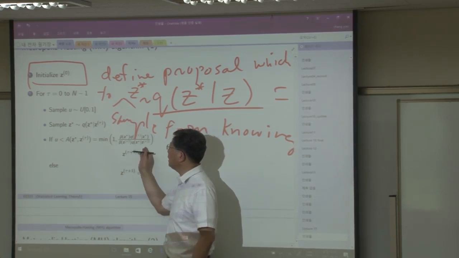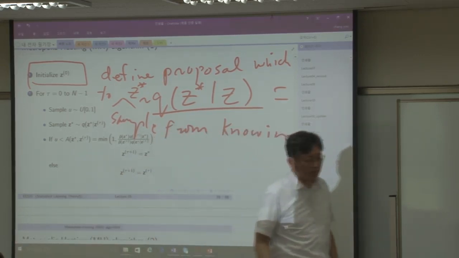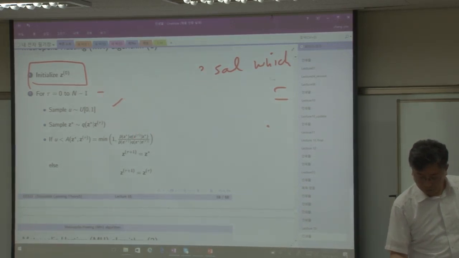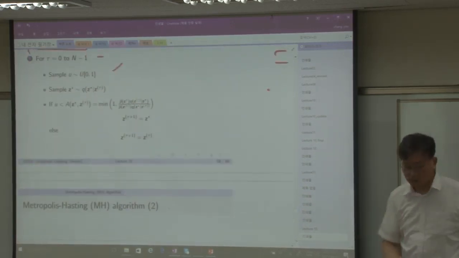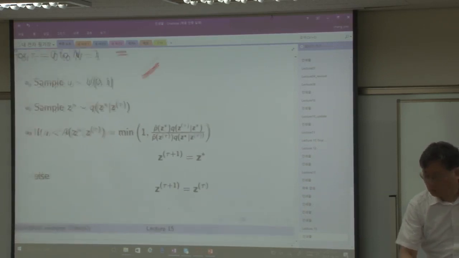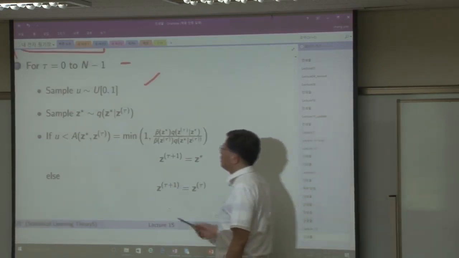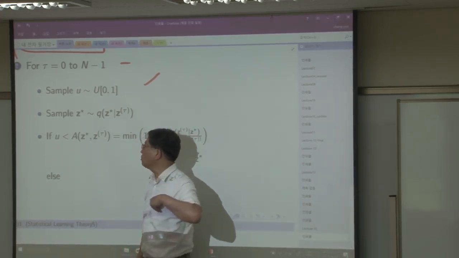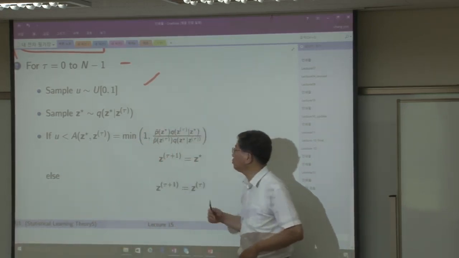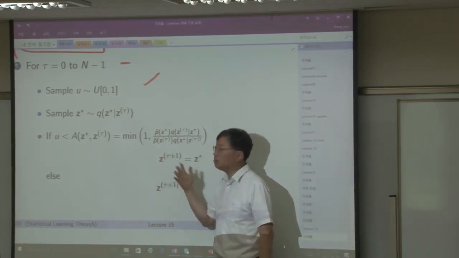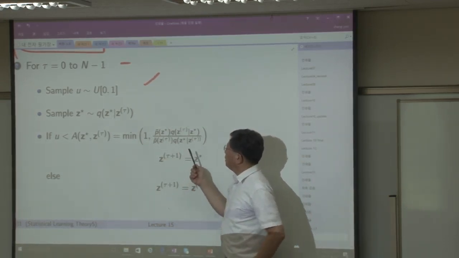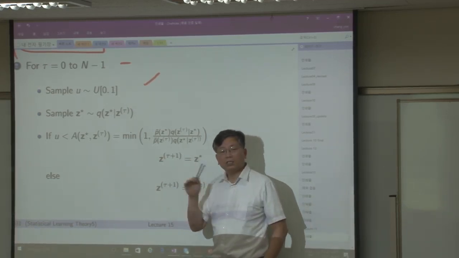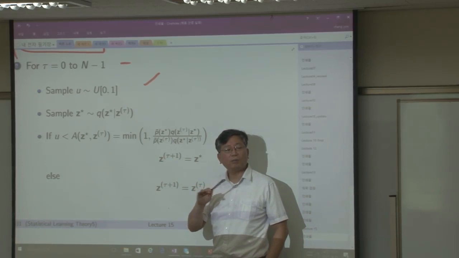Now let me just explain what this is. You can consider this as the transition probability. Actually, it's not the transition probability, it's not the complete story. The notation's a little bit different from the book.